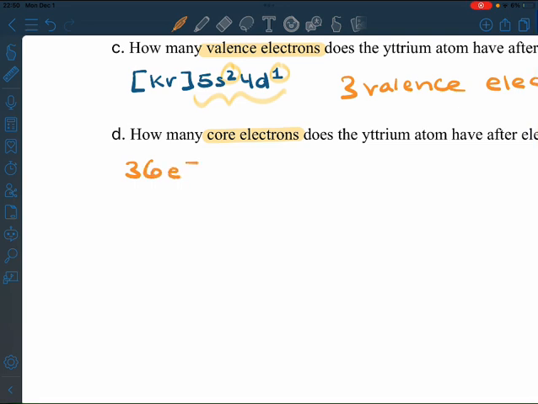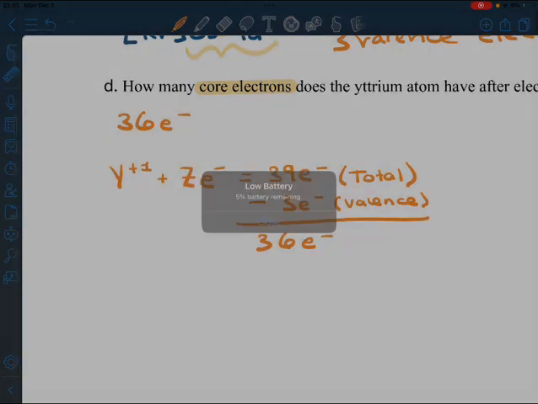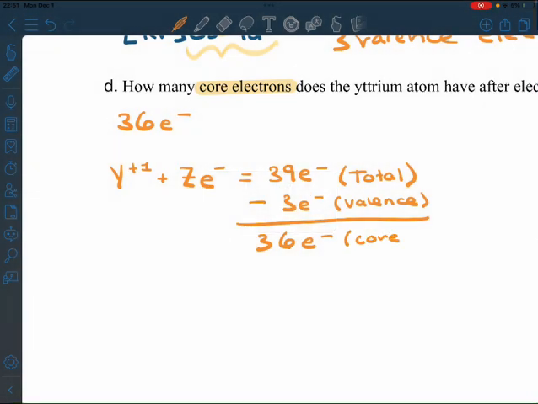Another way you can do it is we know that yttrium plus that Z electron equals 39 electrons. So if that's the total, then I can simply subtract my valence electrons, and sorry for the messy writing, that will get me 36 electrons. And that would be my core electrons.